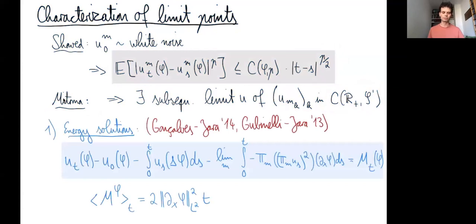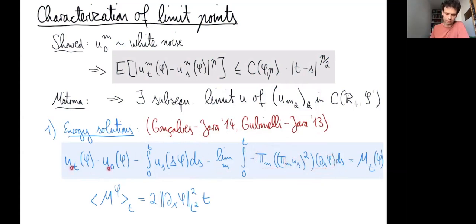And now let U be such a limit of one subsequence. And then in these works, they showed that this U is an energy solution. So it satisfies the following equation: U of phi minus U0 of phi minus the regular part of the drift minus the limit of these regularized Burgers nonlinearities, now evaluated in U, not in UM.